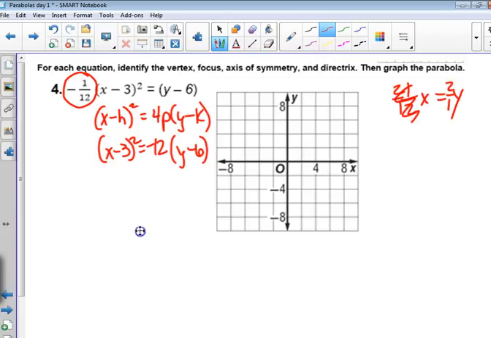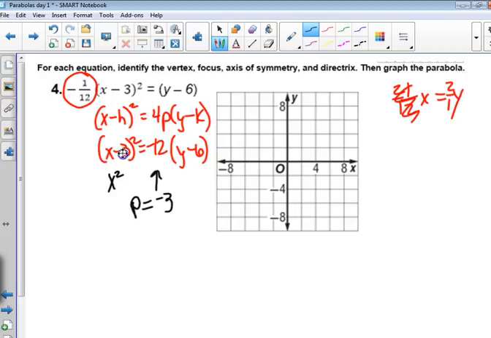Say that again? Well, they were just like, where in the world did you get that negative 12? So, here's the issue, guys. Just help me think about which way this is going to open. X is the squared value, so it opens either up or down, and it's negative. P would be negative 3, so it would open down, okay?